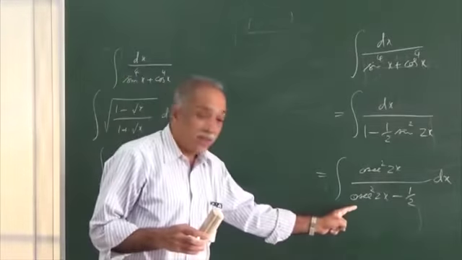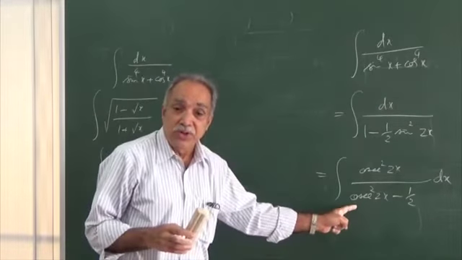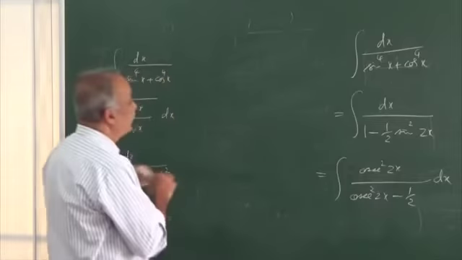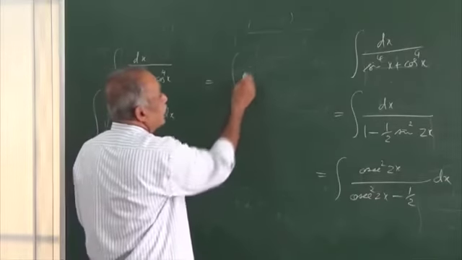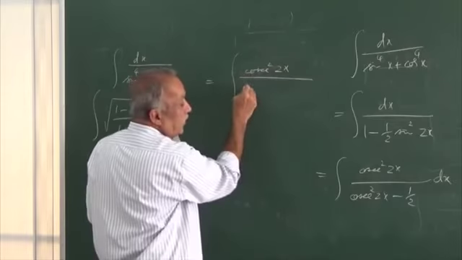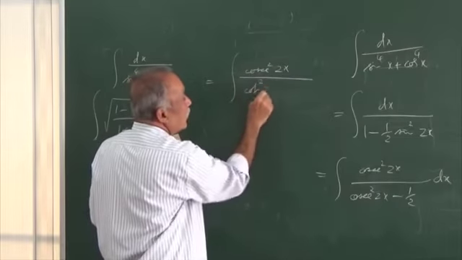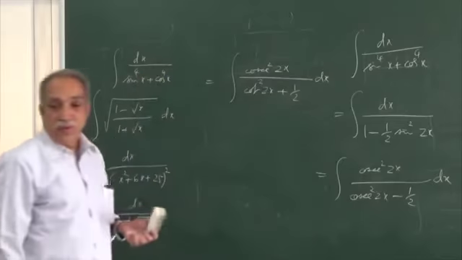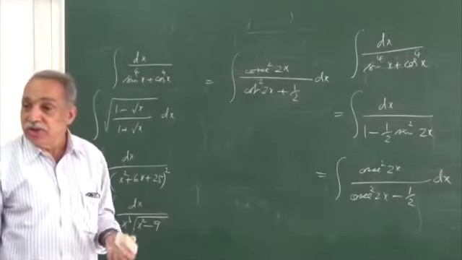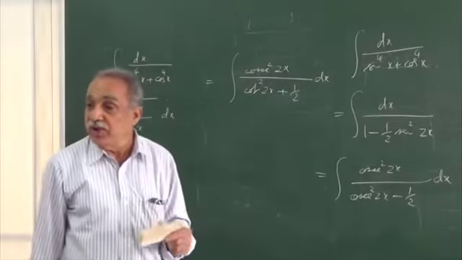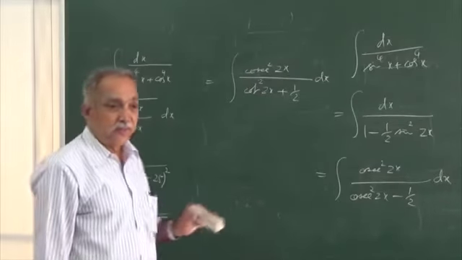Change the cosecant square 2x in the denominator to 1 plus cot square 2x. Substitution: cot 2x equal to t, so minus cosecant square 2x into 2 dx equals dt.